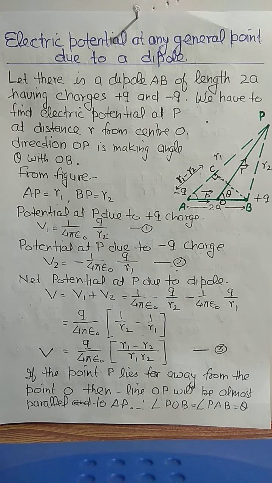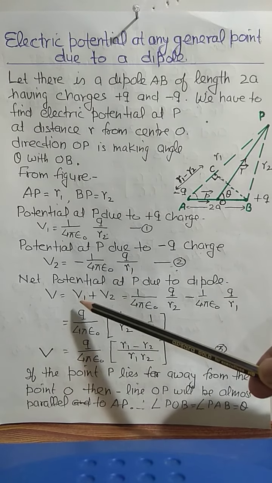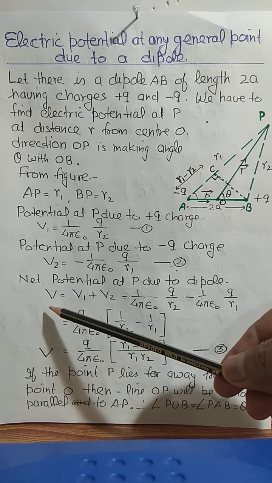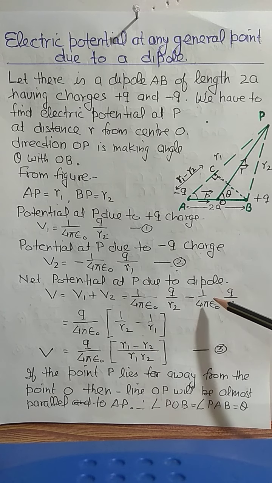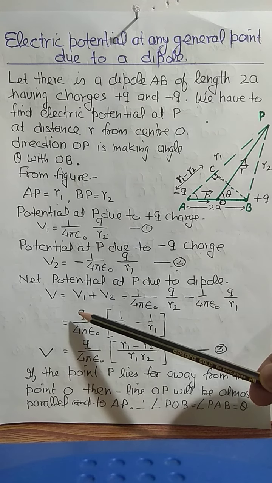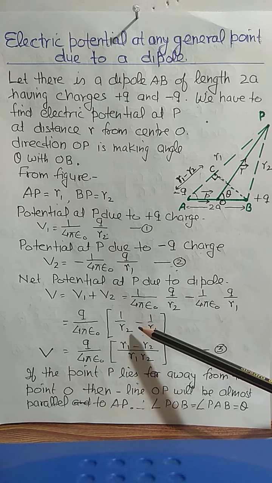So what is the net potential? It will be the sum of V1 and V2. From equations 1 and 2, we put the values of V1 and V2 in V equal to V1 plus V2. On taking q upon 4 pi epsilon naught common, in the bracket we get 1 by R2 minus 1 by R1.